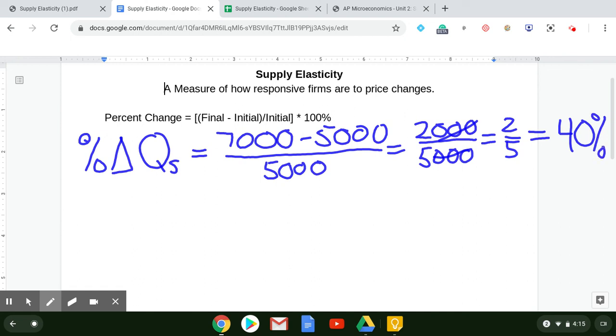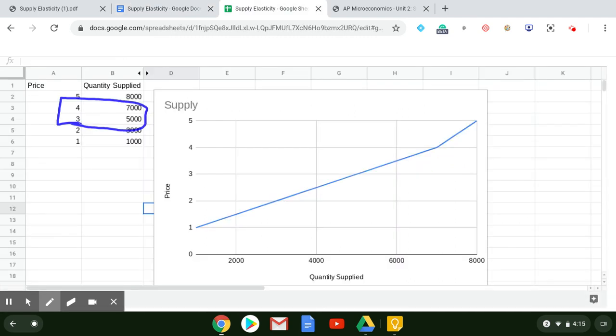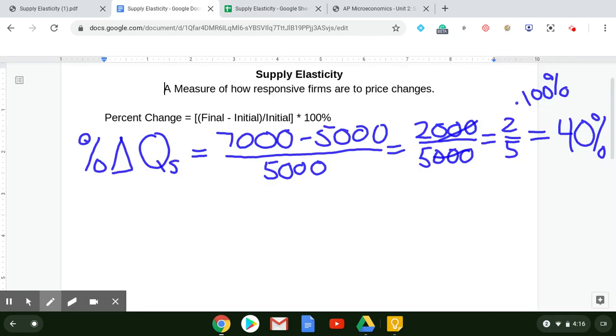Okay. Just for the sake of room. Okay. All right. So to keep it consistent, this is initial and this is final. The top is final. So I want to go ahead and do the same thing here where I use 4 minus 3 over 3 for my percent change in price. Percent delta means change in price.